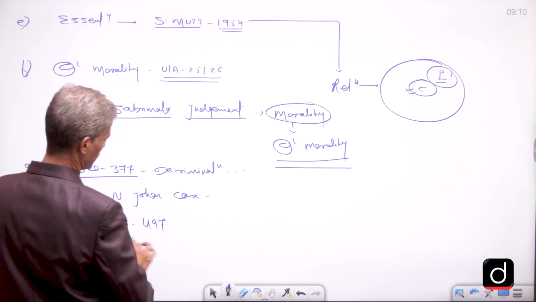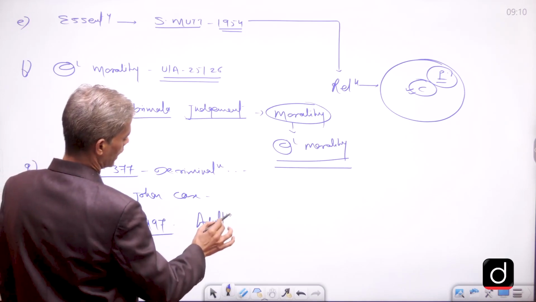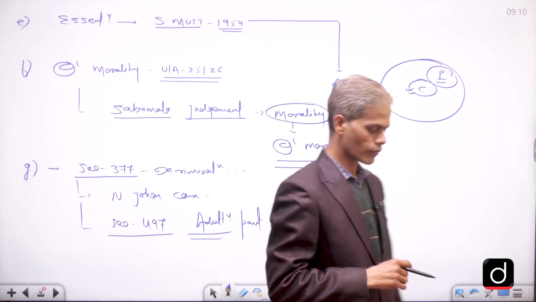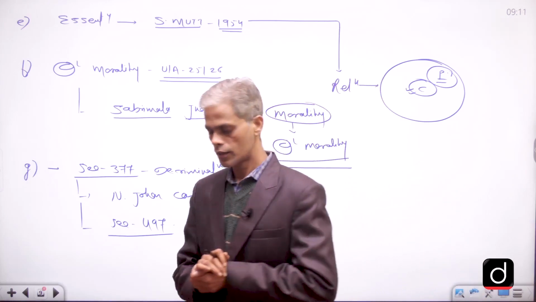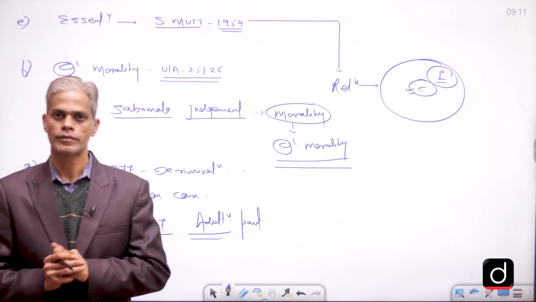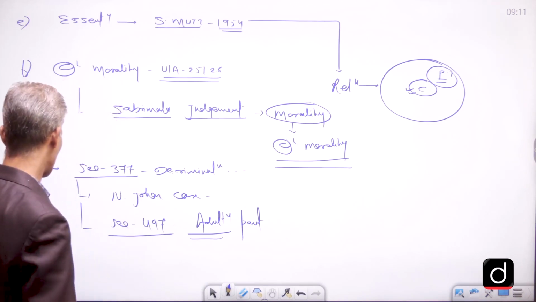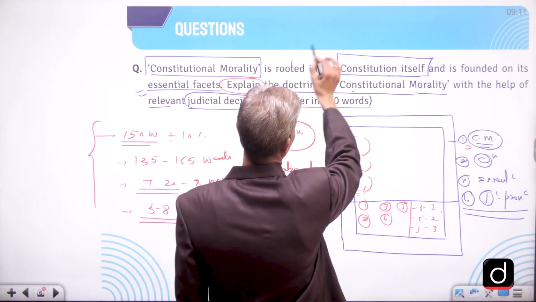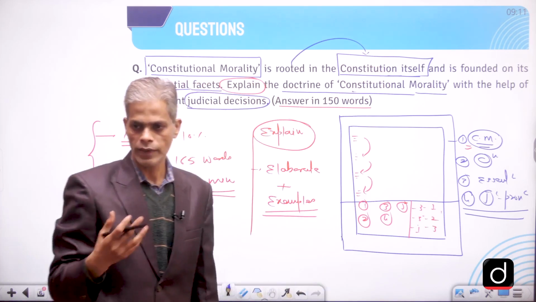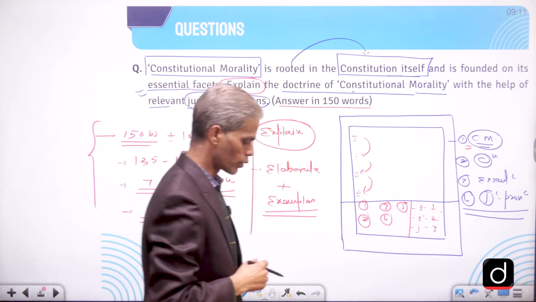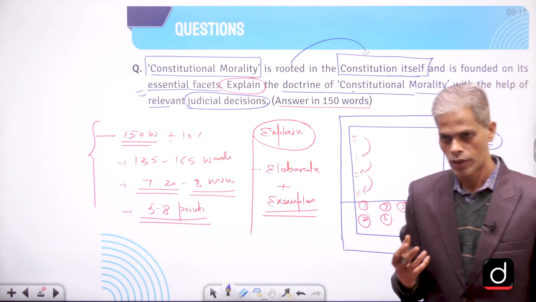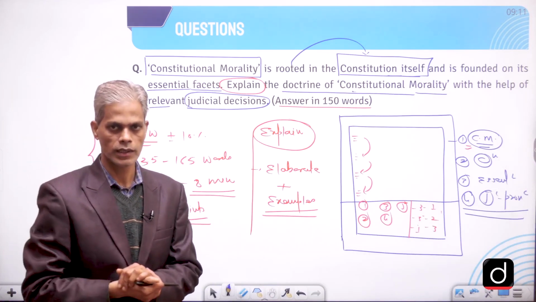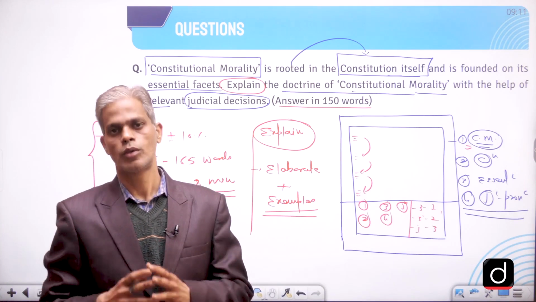So all these examples can be cited as various judicial pronouncements where the Honorable Court has upheld the doctrine of constitutional morality. If we go back to the question, you can relate it. It is not only rooted in the Constitution itself, as I've told you, because of the various values imbibed in the Constitution, whether justice, liberty, fraternity, unity, integrity, rights and duties, or constitutionalism.